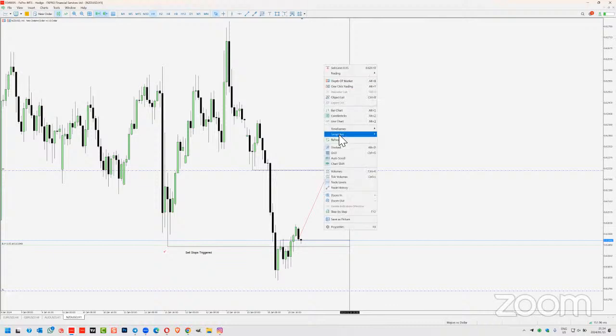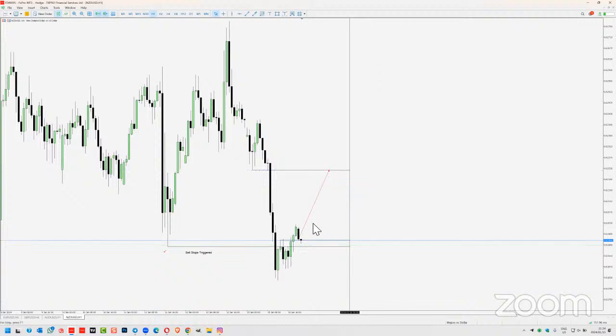Then we're also going to look, let's just have a brief look at Aussie dollar, right? With Aussie dollar, I'm expecting price to move to the upside. I've already sent this on the group. Though the setup that I've sent on the group was basically for scalps, and you can see it did move to the upside, but not much.